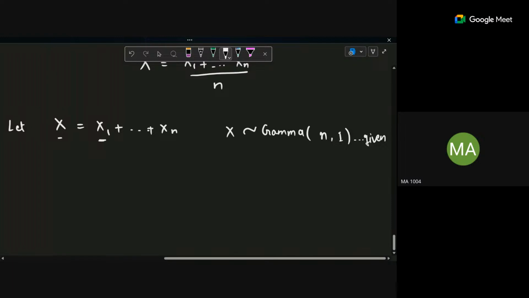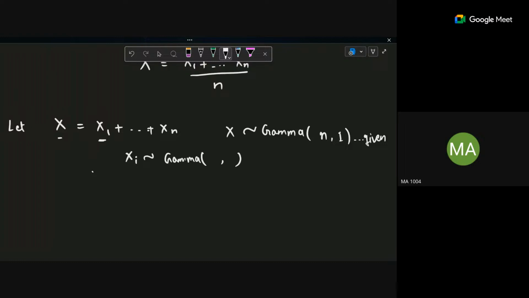So do you remember one thing there? That summation of, let's say, these n random variables such that these xi's are following gamma distribution with what alpha and what beta, so that when I sum them, this alpha becomes n and beta becomes 1.